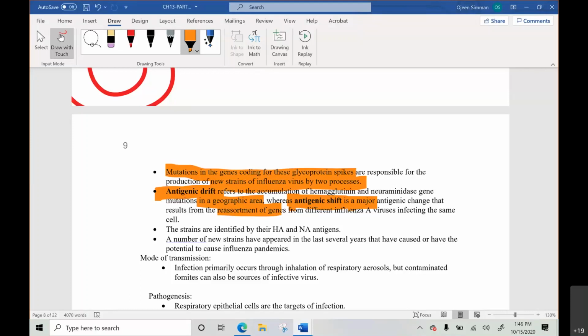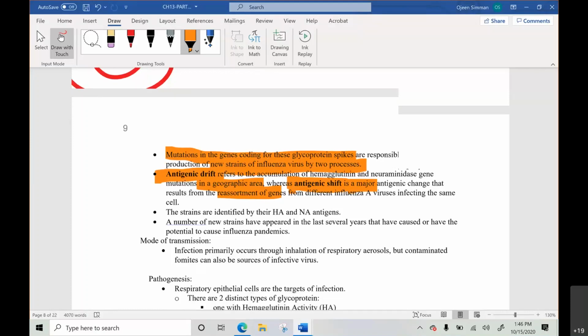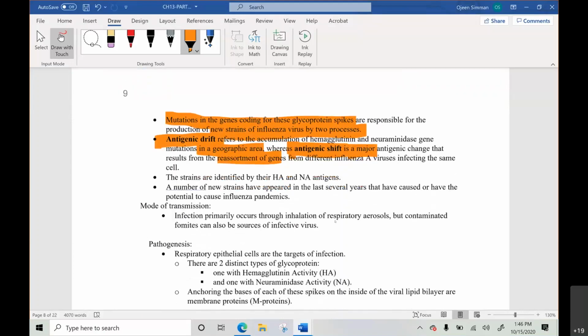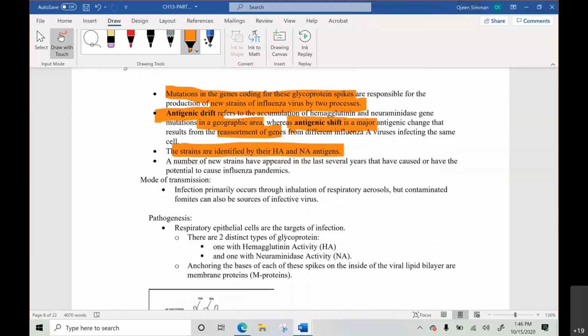We're going to talk about this in a second. Anyways, any strain of the influenza virus is identified by the HA and NA antigens. The mode of transmission is primarily through inhalation of respiratory droplets, but it can also be transmitted by contaminated fomites.